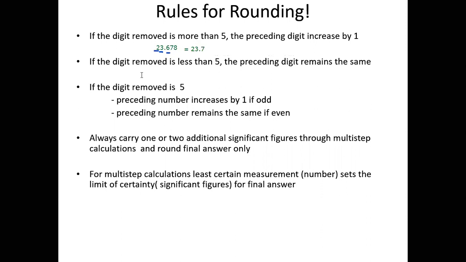Now, on the other hand, if the digit that we want to drop is less than 5, for example, we have 450.635, and we want to keep 4 significant figures.